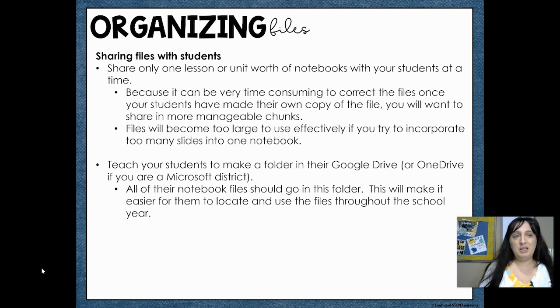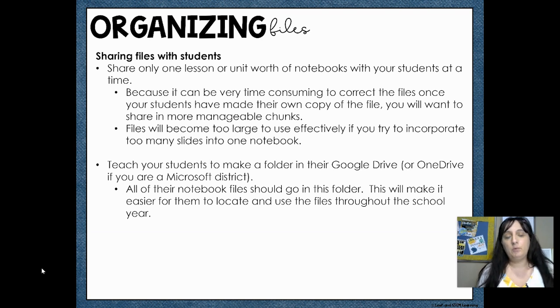And especially if you are on an internet connection that may be having some bandwidth issues, which is more common right now, you want to keep those files a manageable size. That way they're not freezing up when your students are trying to use them.